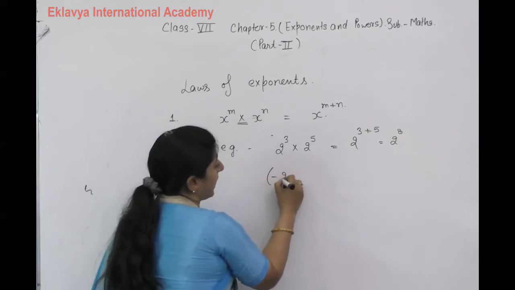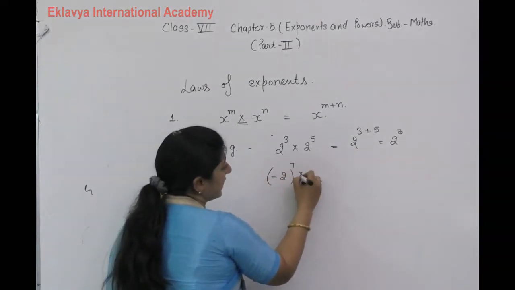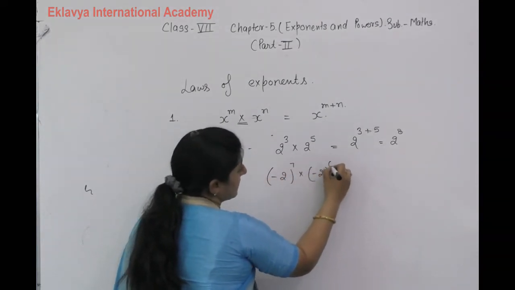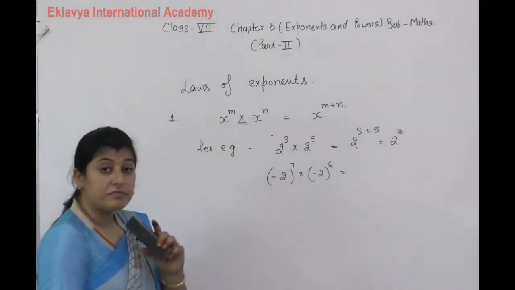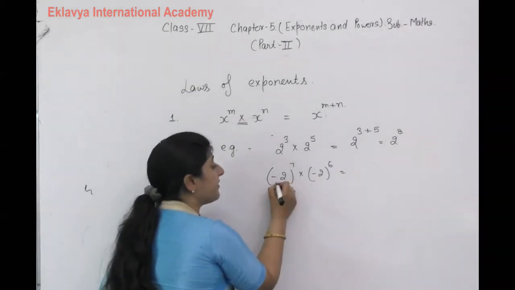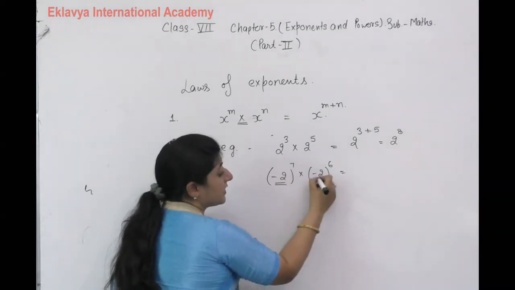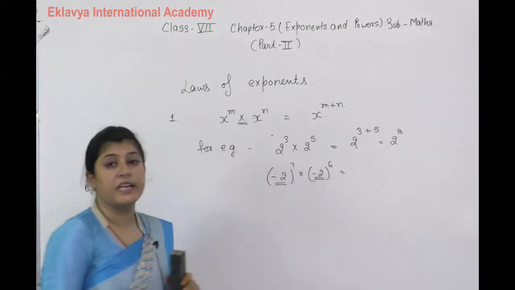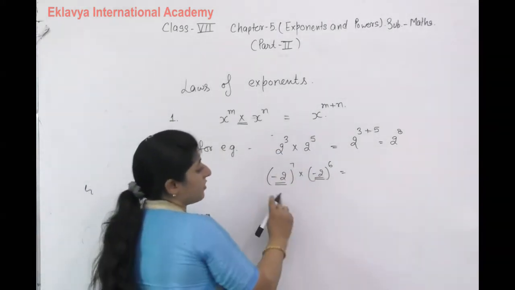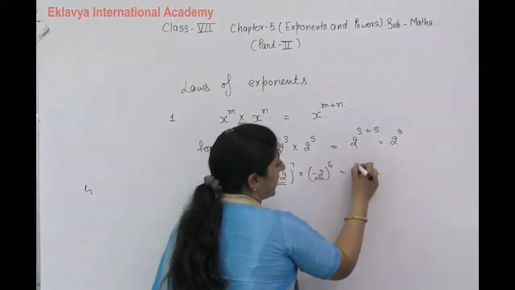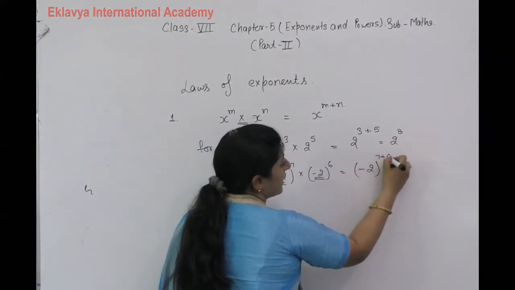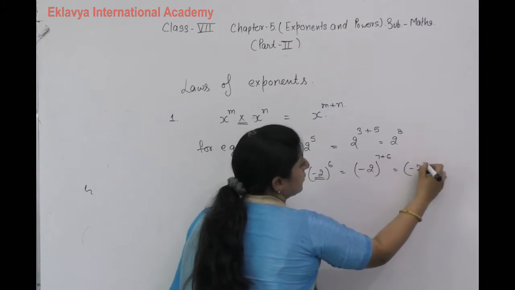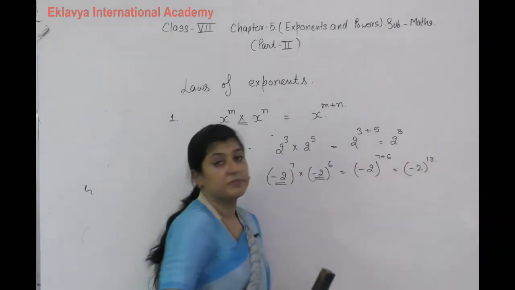Suppose minus 2 power 7 into minus 2 power 6. See, one thing to note properly: if the base is minus 2 here, then here it should also be minus 2. Then we can solve it directly. Minus 2 power 7 plus 6, minus 2 power 13.